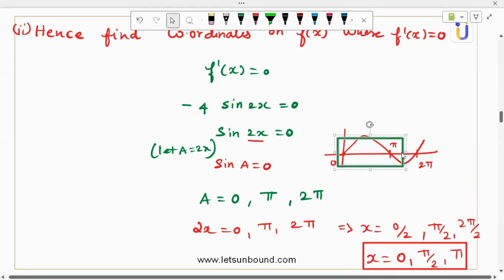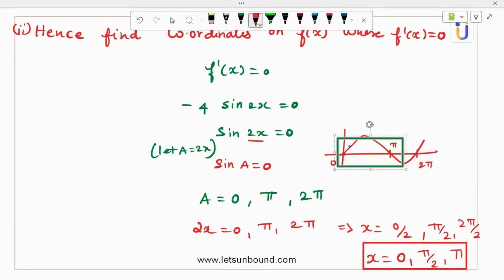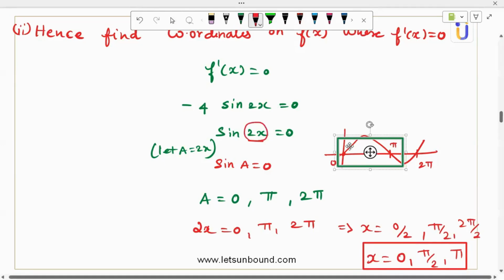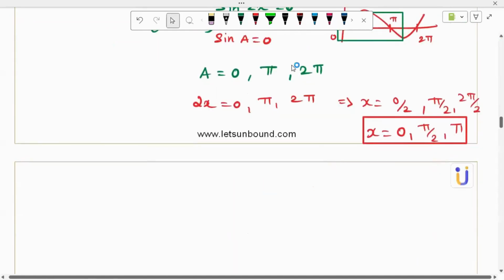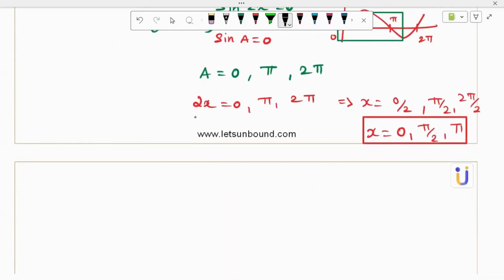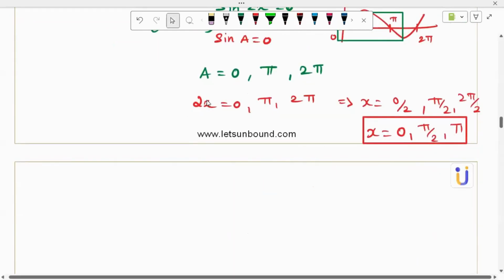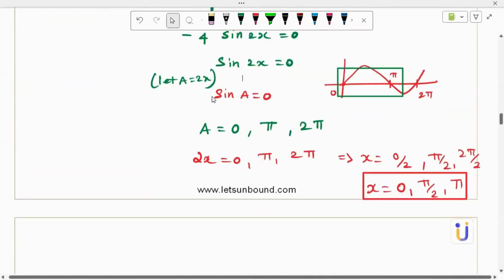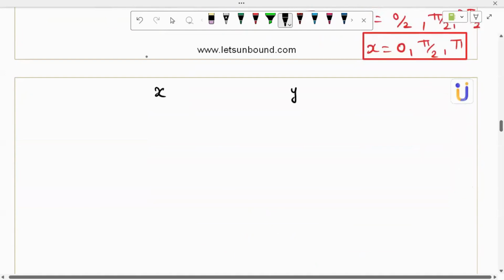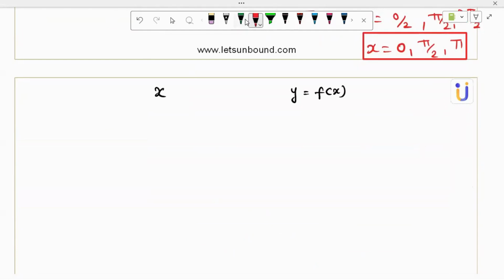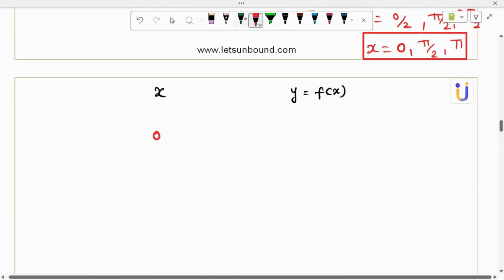Since we are solving for 0 to pi only, but here I'm not solving for x, I'm solving for 2x, so you can take the extended values. So 3 values for x we got. At these x values, f dash of x should be 0. But they ask for the coordinates on f of x. So when x is 0, pi by 2, and pi, what is your y value? y is f of x, on the graph we need, not f dash.